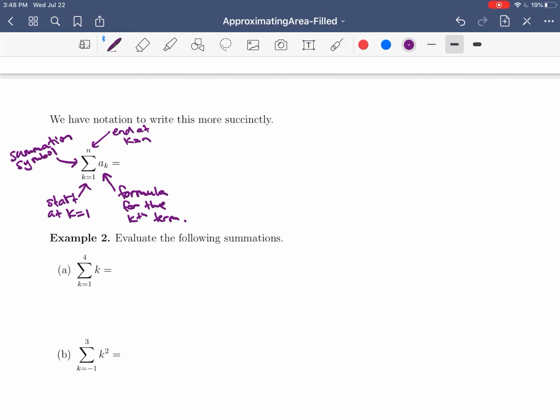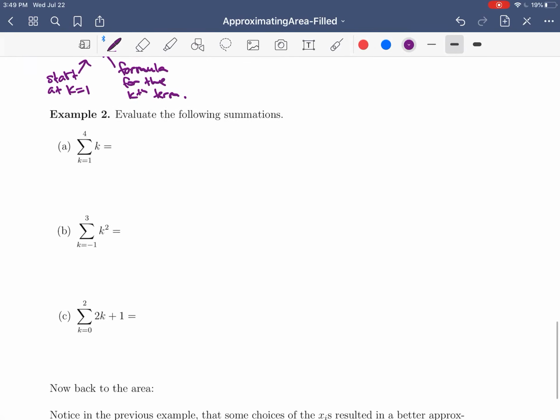So what this would look like if we were to write it out, it would be a1, the k equals 1 term, plus a2, the k equals 2 term, plus a3, and so on until we get to an, which would be our last term. So that's what it means.